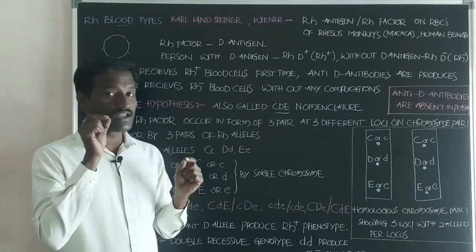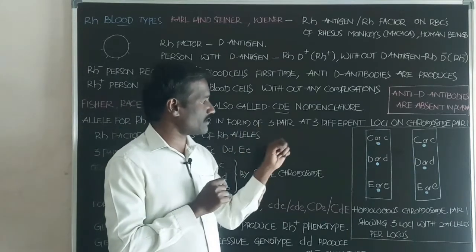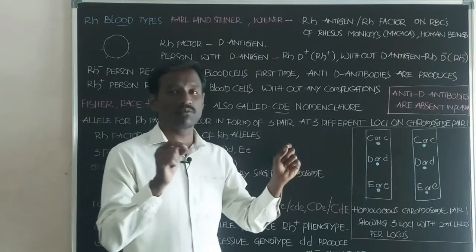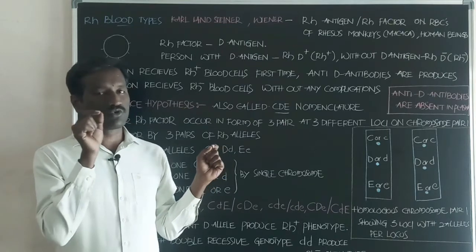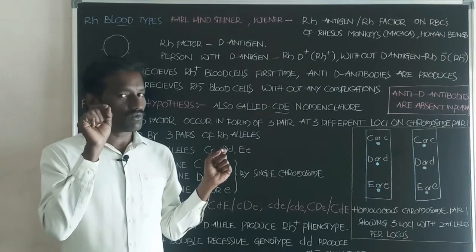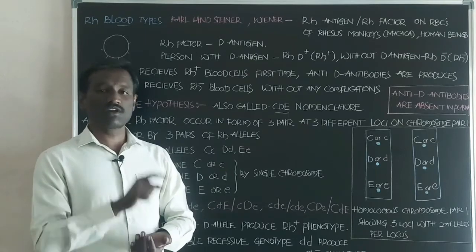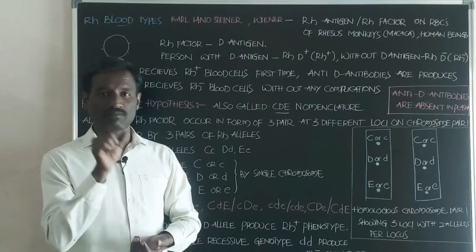These alleles are available in three pairs, at three different loci on chromosome pair 1. Student, if you observe the chromosome complement of one individual, a person has a total of 46 chromosomes, that means 23 pairs.